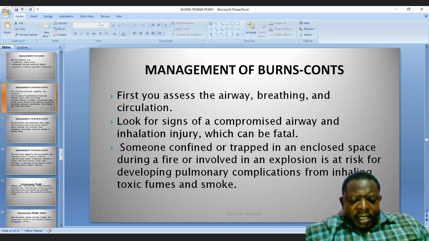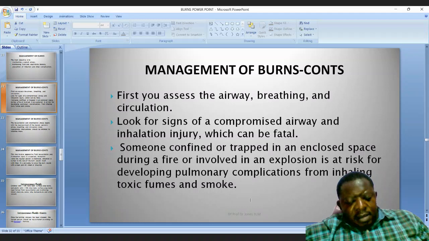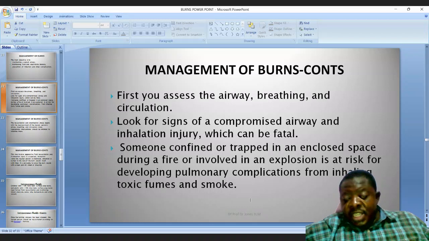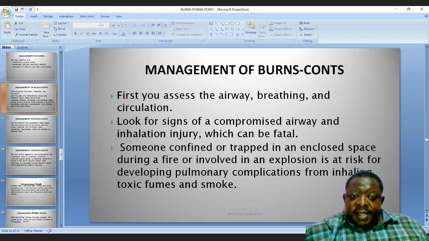Take care of circulation because there is loss of fluid. So you can look for signs of compromised airway and inhalation injury, which can be fatal. Someone confined or trapped in an enclosed space during a fire or involved in an explosion is at risk of developing pulmonary complications from inhaling toxic fumes and smoke.